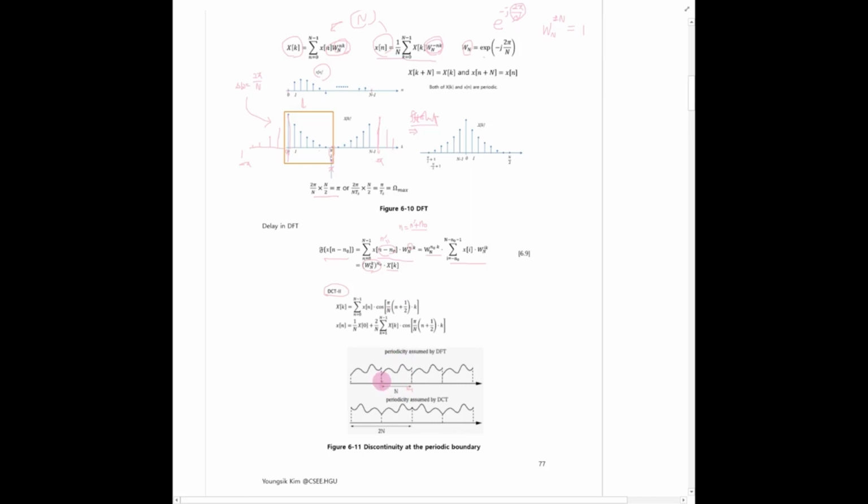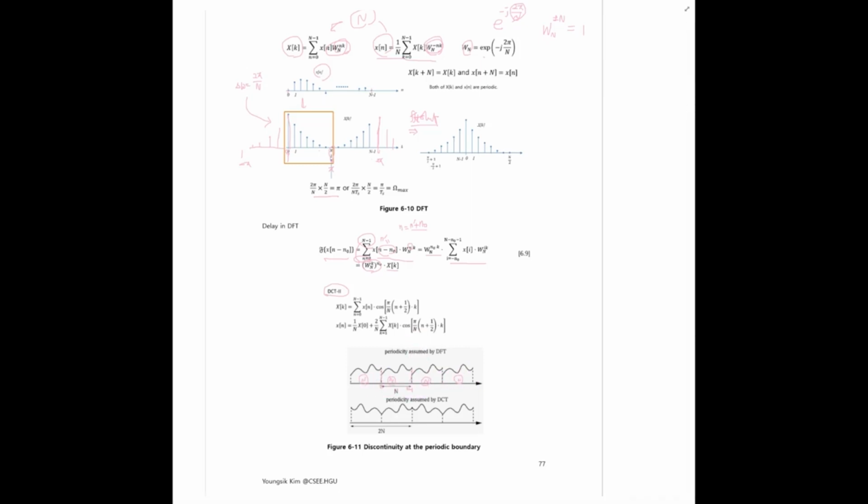So even though we only take samples from 0 to N minus 1, N samples, basically we assume that it is repeated in this way, N samples like that. The basic assumption is a periodic signal.